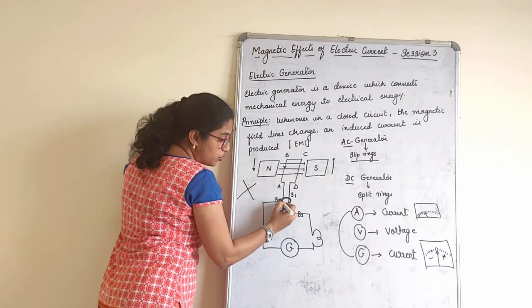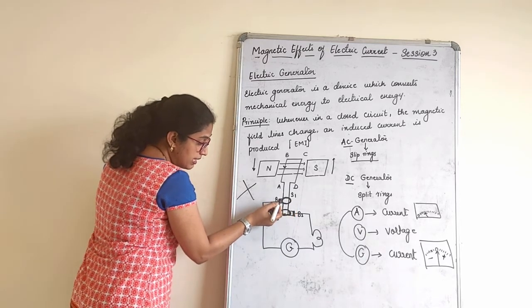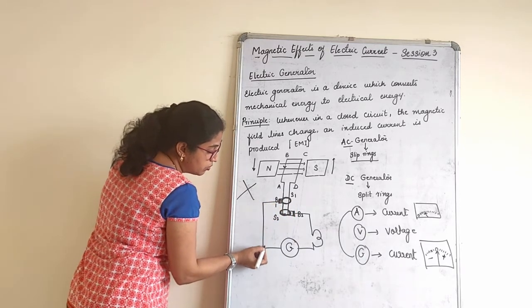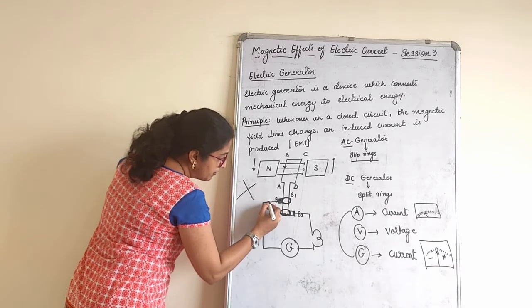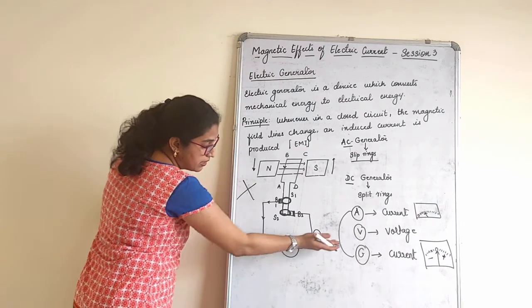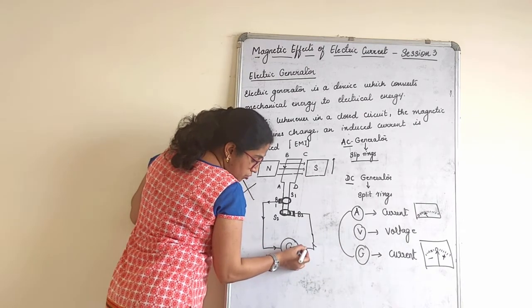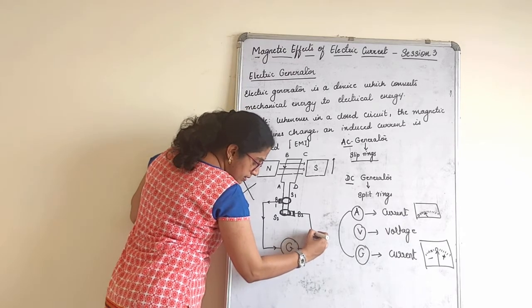It will flow through the slip rings connected to the carbon brushes, which in turn are connected to the circuit, to the galvanometer, whence it will flow like this. From here, how does it have to go? I will remove this bulb part. It has to go this way.